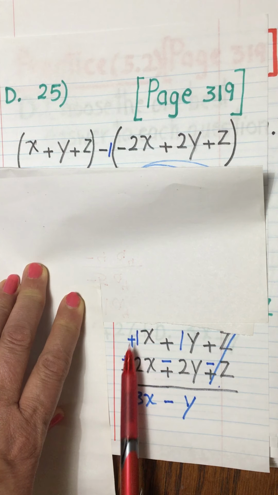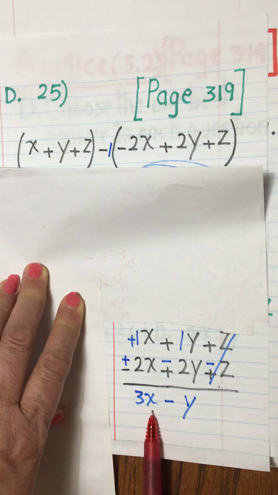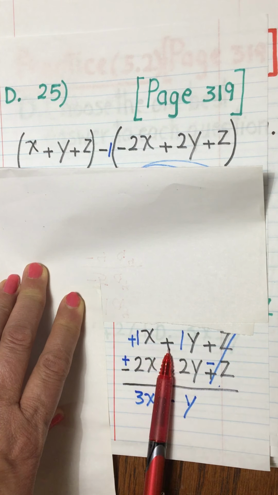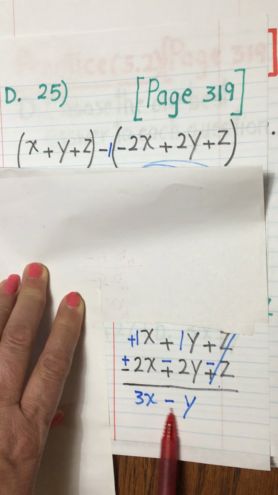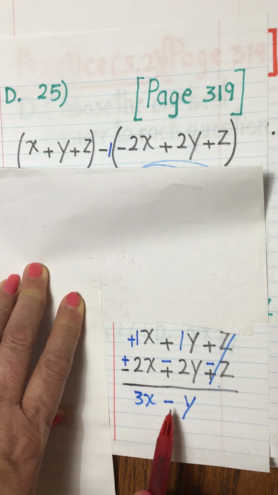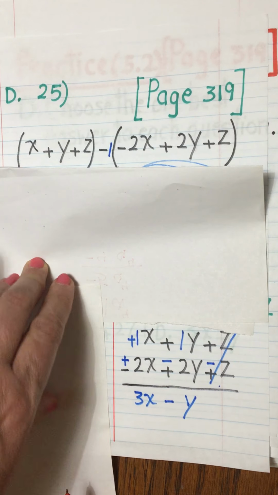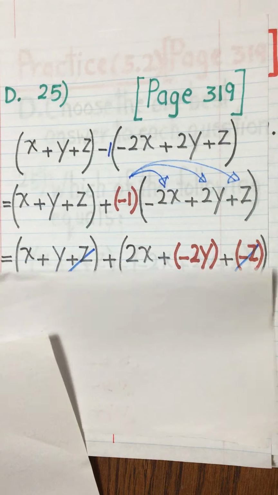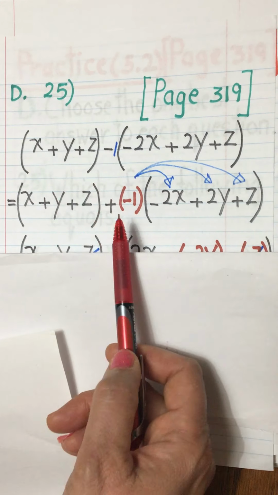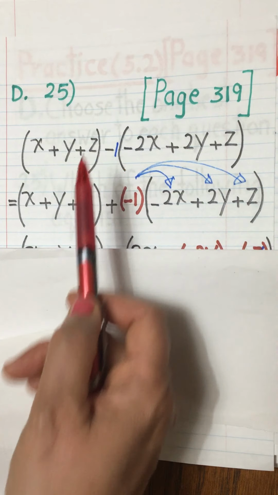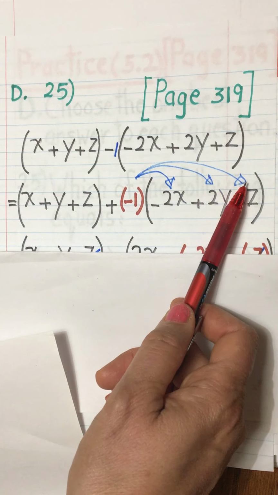Then subtract. Right here I have the same signs now, so I add to get 3x. And plus 1y minus 2y, it's going to be negative y, because I have 1 right here and I'm not going to write it down. And cancel out these two terms. Or you can do it this way: change the negative to a positive, and we already have 1, so change it to negative 1 and distribute negative 1 to each term.